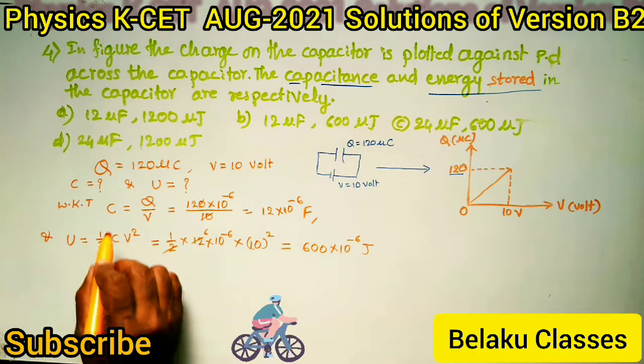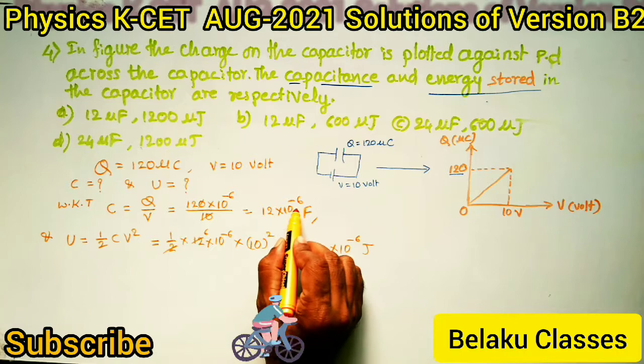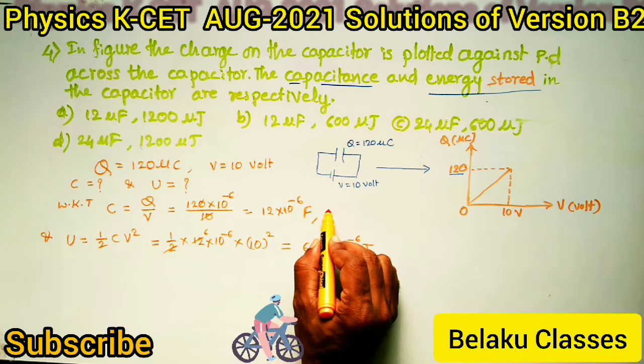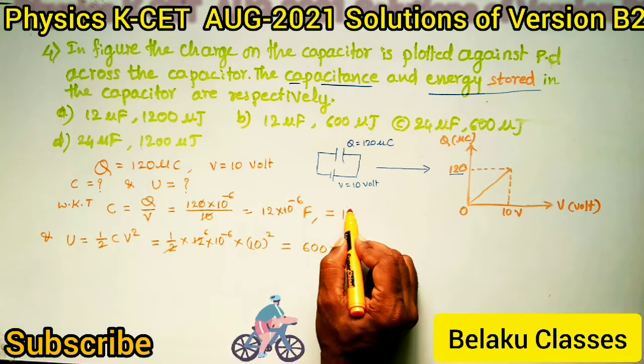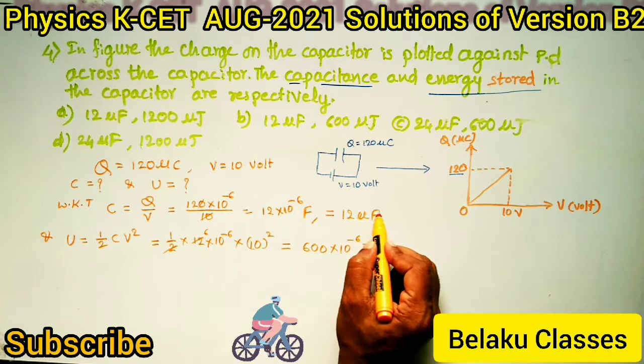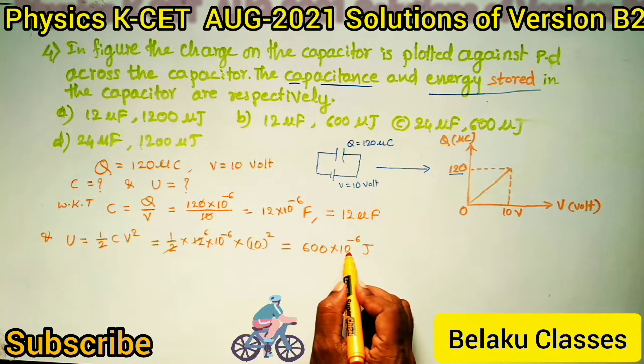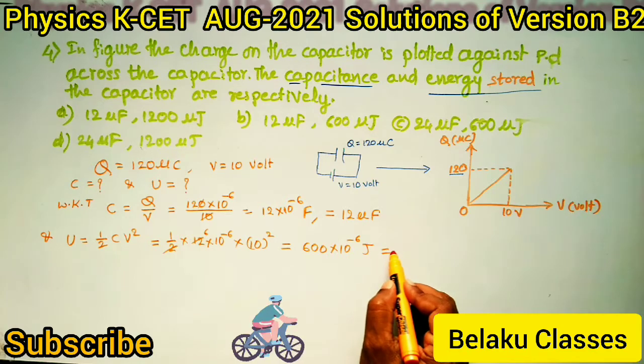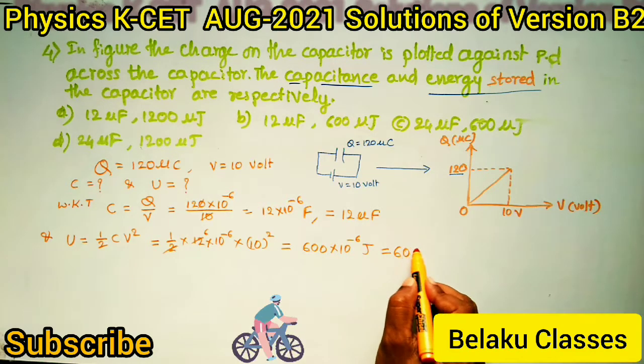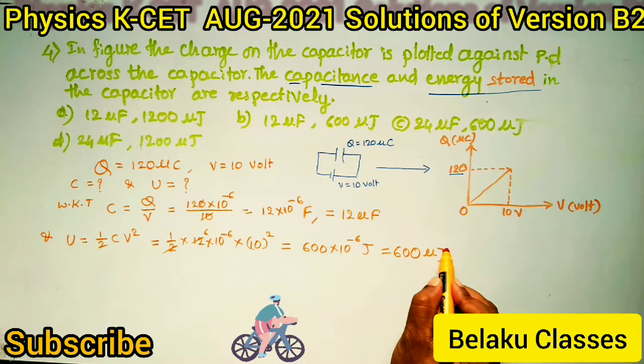So therefore here C is equal to 12 into 10 to the power of minus 6. We can express the same as 12 microfarad, and here 600 into 10 to the power of minus 6, you can express it as 600 microjoules.